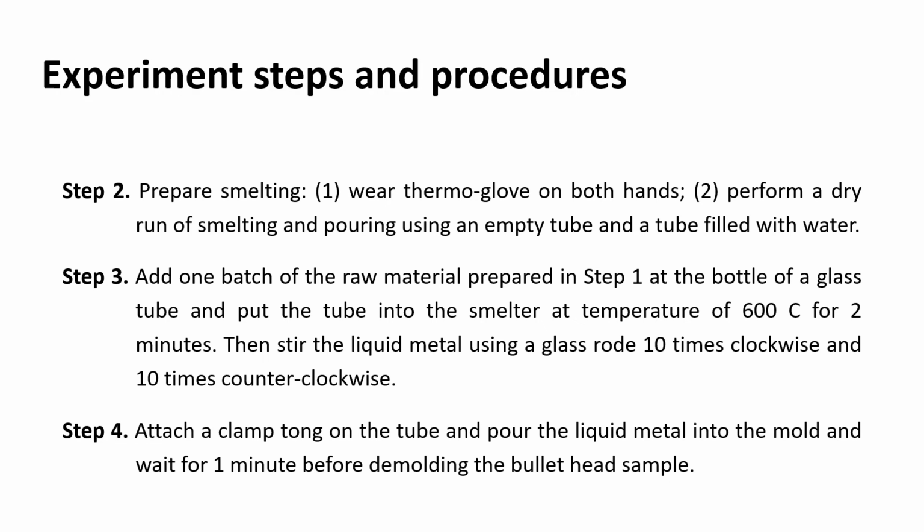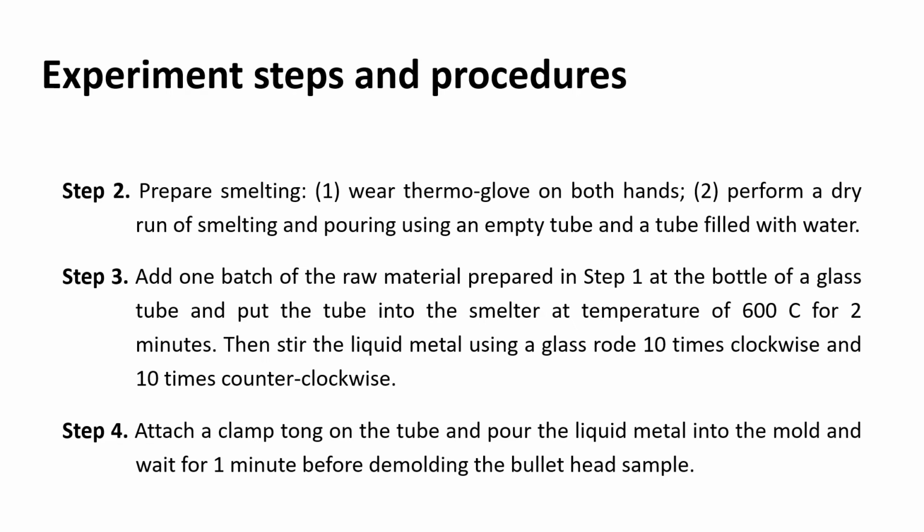Don't forget to wear a thermoglove on both hands. It's really important. Perform a dry run of smelting and pouring using an empty tube and a tube filled with water. Step 3 is to add 1 batch of the raw material prepared in step 1 into the glass tube and put the tube into the smelter at a temperature of 600 Celsius for 2 minutes.